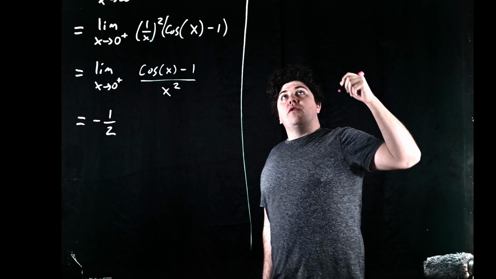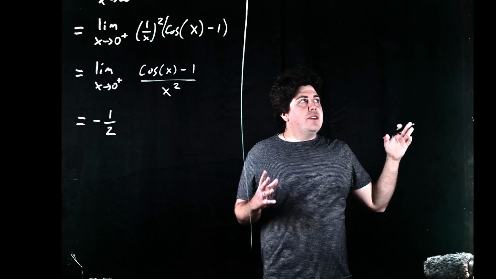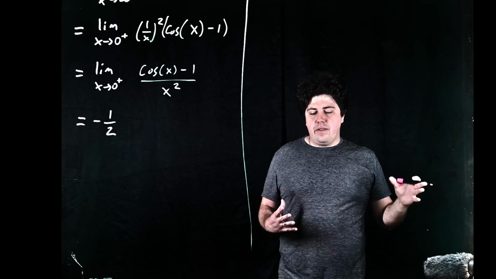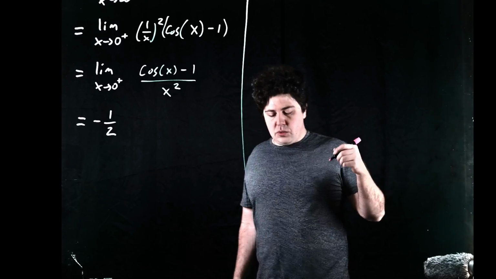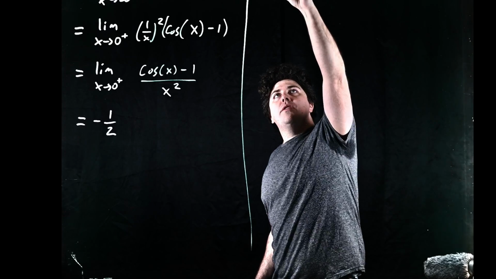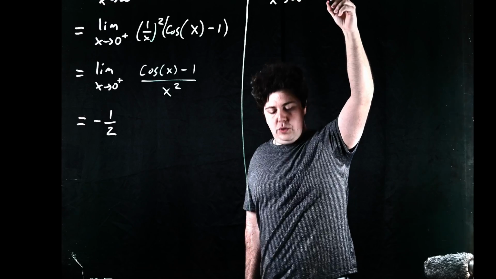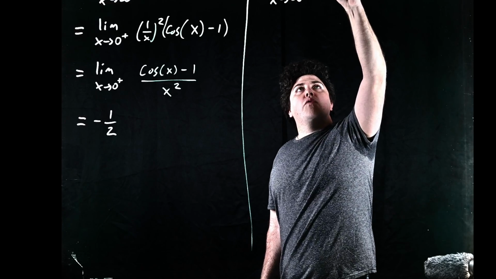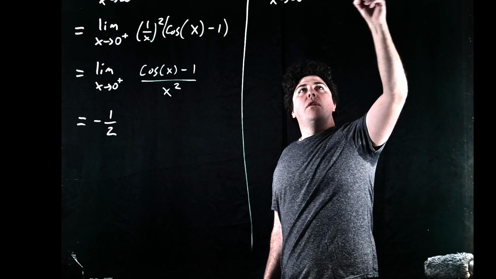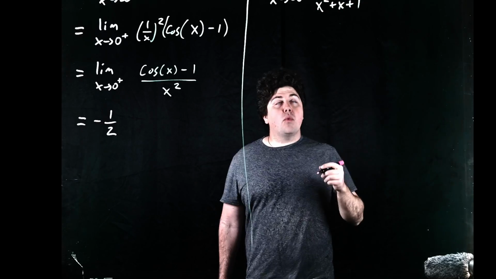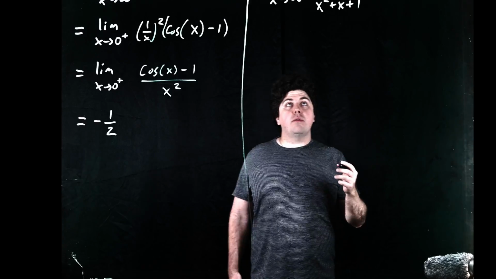But let me just talk about one way that you can switch around, say, limits at infinity and finite limits, or vice versa. So we'll do another limit at infinity, why not? Just a quick little example is the limit as x goes to infinity of 3x squared plus 1 all over x squared plus x plus 1. So yes, we already know how to do this limit.